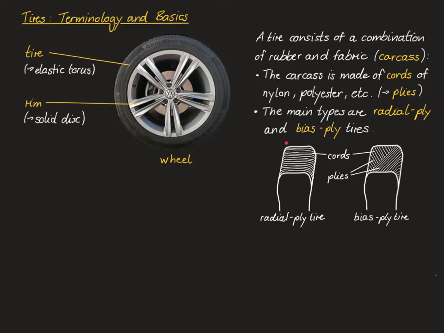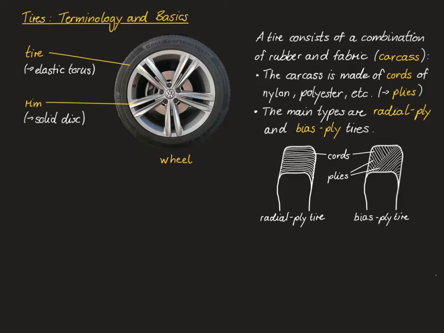The radial ply tire has been developed in 1946 by Michelin. While it is generally less robust than the bias ply tire, it has some advantages, such as a better steering property and a better road contact. Also, it leads to a lower fuel consumption and it heats up less than the bias ply tire, especially at high speeds.